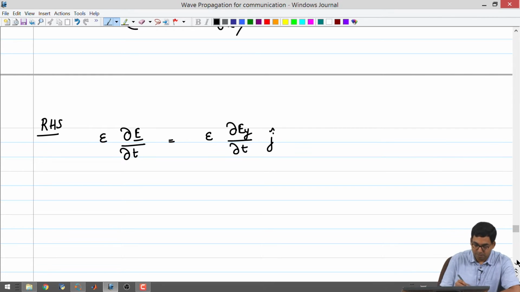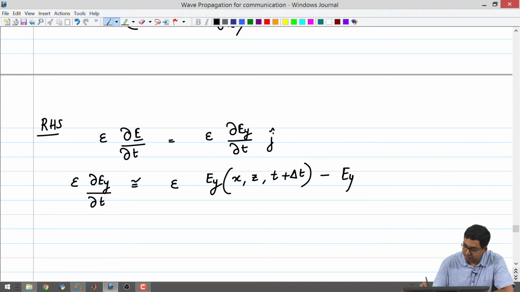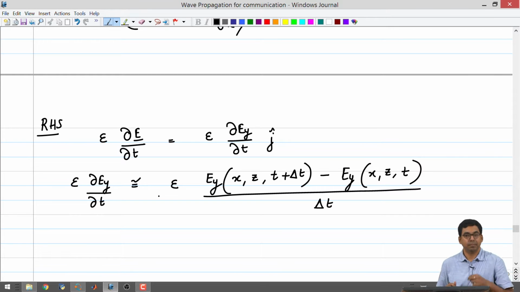We write epsilon dou Ey by dou t as epsilon times Ey of x, z at t plus delta t minus Ey of x, z, t, divided by delta t.